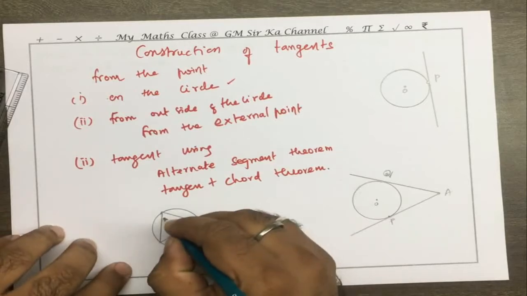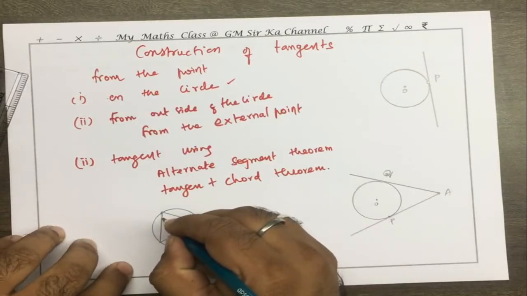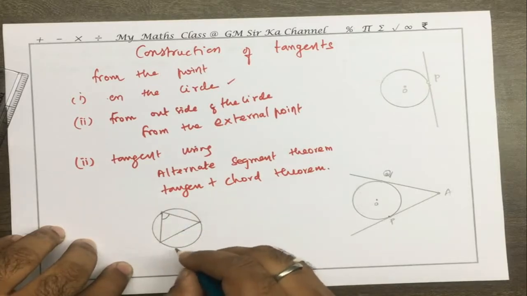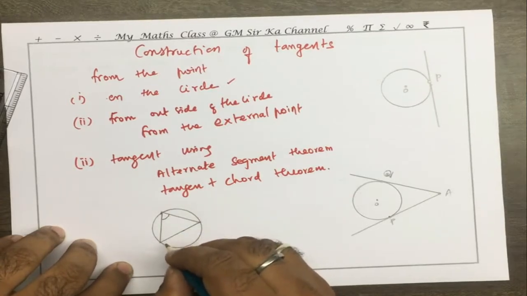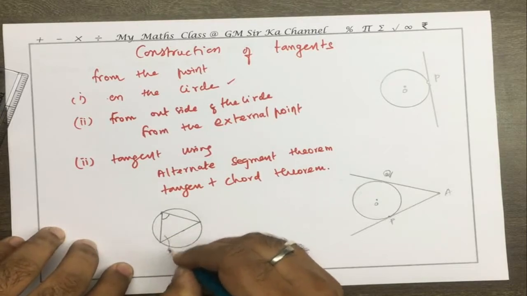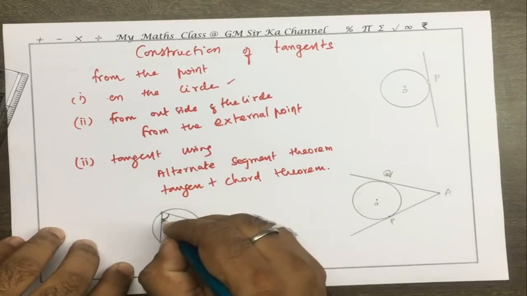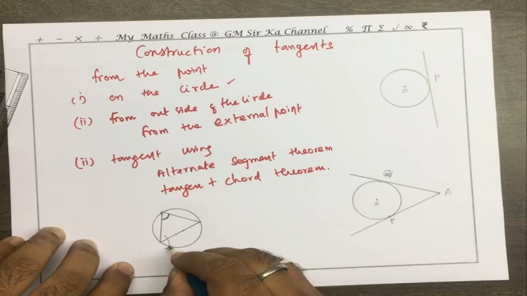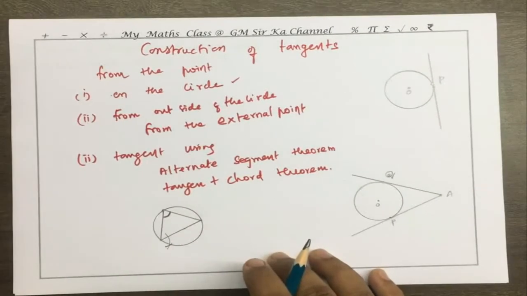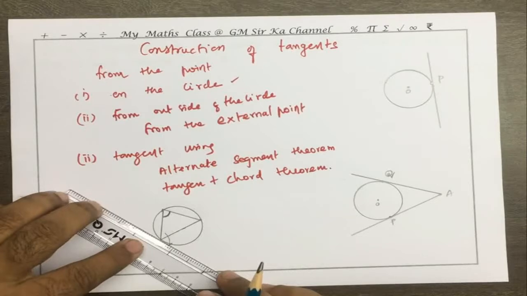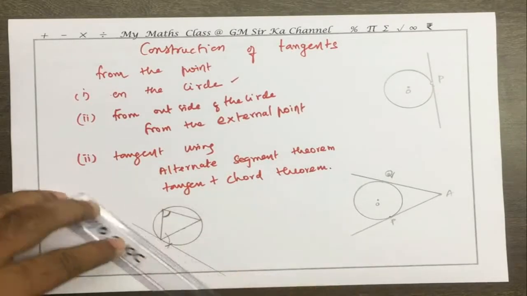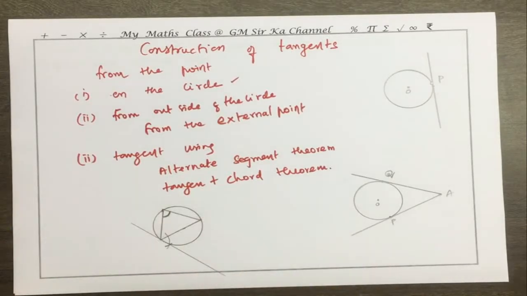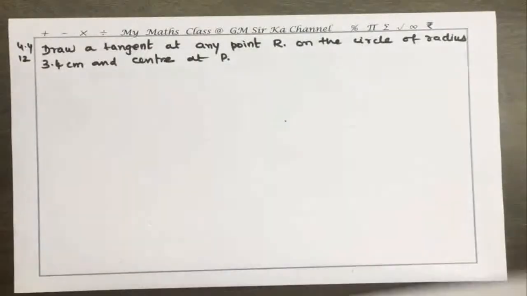And the alternate segment means the angle we have in the triangle in the circle, that angle is taken here in the alternate segment, opposite side, with the equal measurement of this we will take, and we will draw the tangent like this. So this is nothing but the alternate segment we have. And let us see how to draw the tangents.